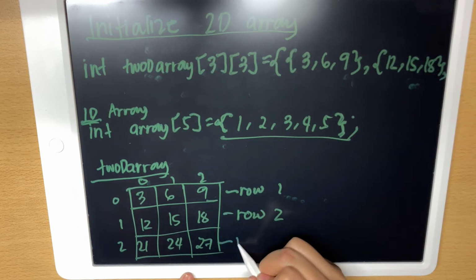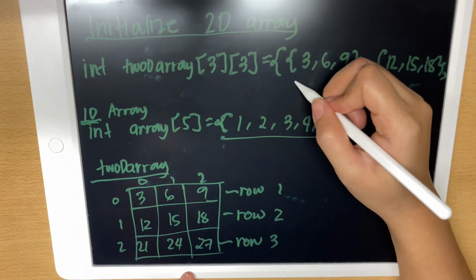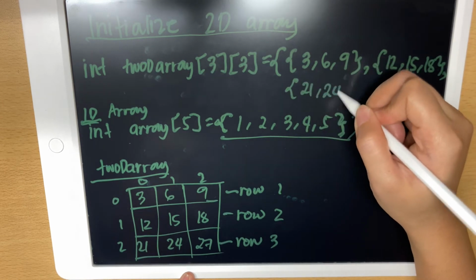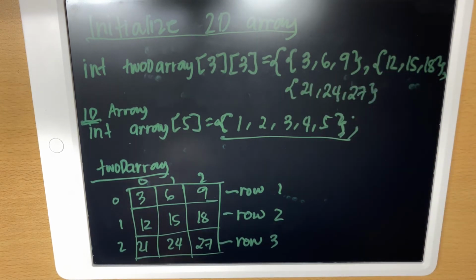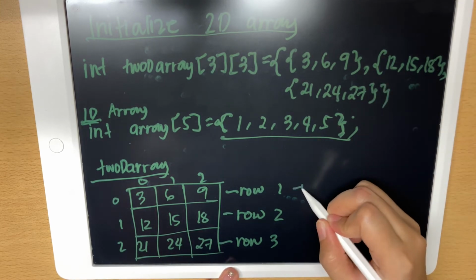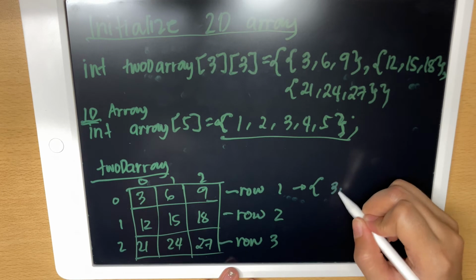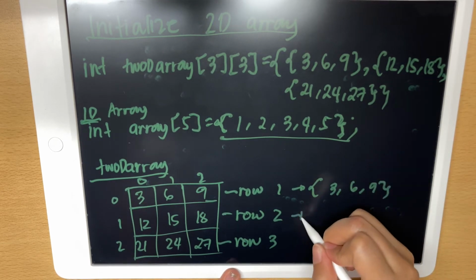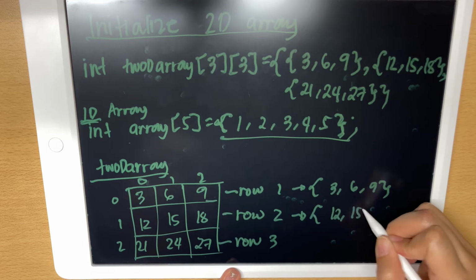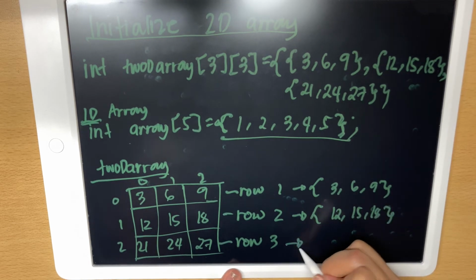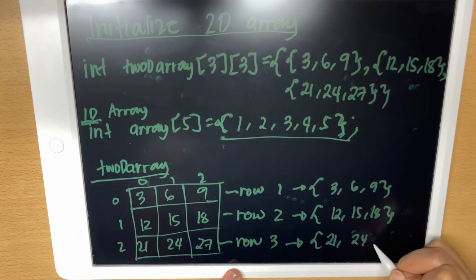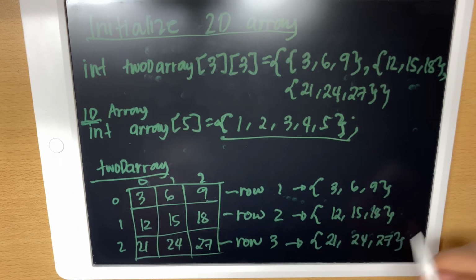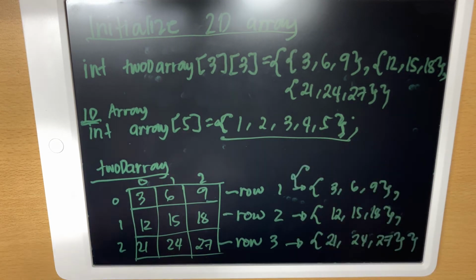Then, third row, we have 21, 24, and 27. And here, so this would be sequence of 3, 6, and 9. You have your 12, 15, 18, and we have 21, 24, 27. You can also do like this and separate them by comma and close it in one opening and closing brace. So this will give you this one here.